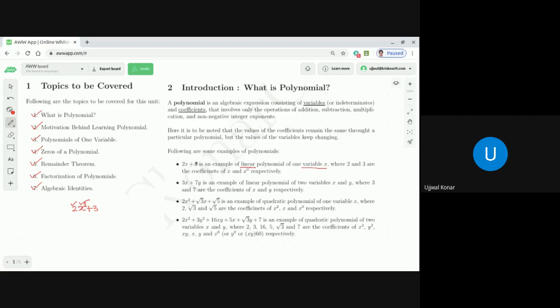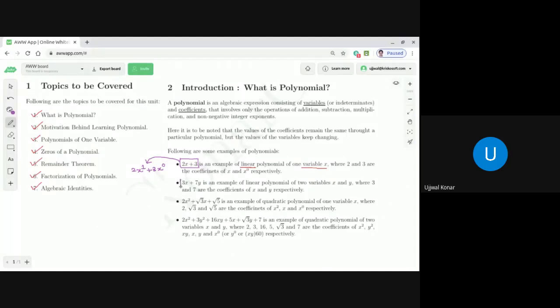Because whatever you see as 2x plus 3, you can write like this, let me use a different color: 2 into x to the power 1 plus 3 into x to the power 0. So 2 and 3 are the coefficients. And what is the variable? The variable is x.